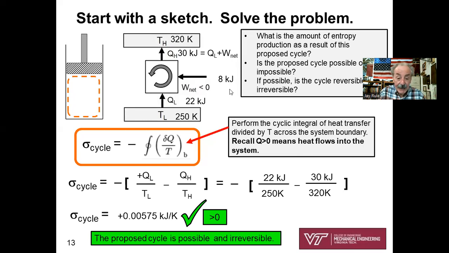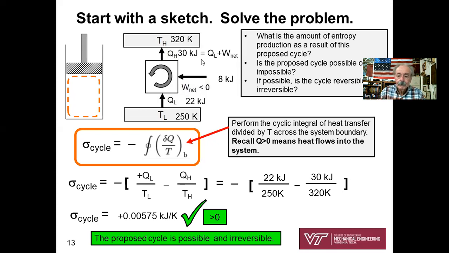I can see the first law with my eyes. I've got 22 kilojoules going in of heat, 8 kilojoules of work going in, negative work out. That's got to add up to 30, so I put 30. That's the first law: QH is QL plus W net. Do you see how that sketch can help you?